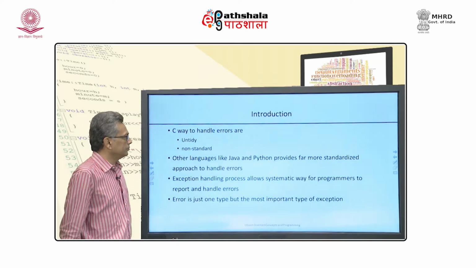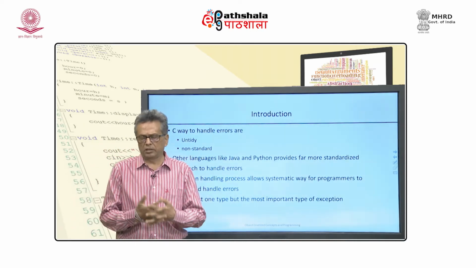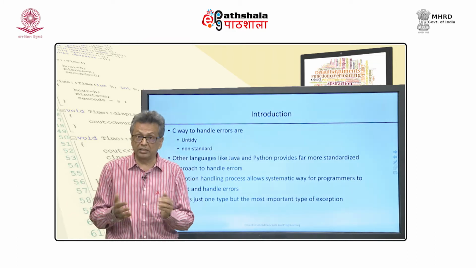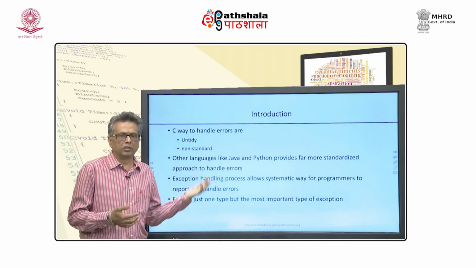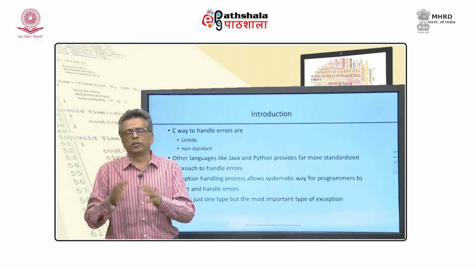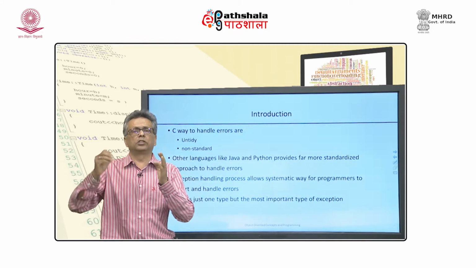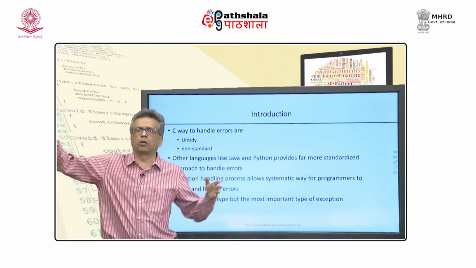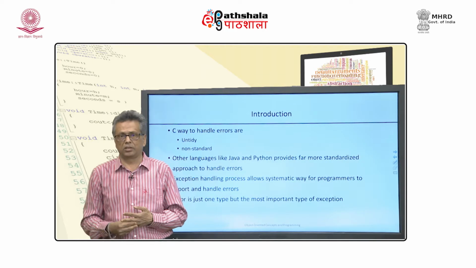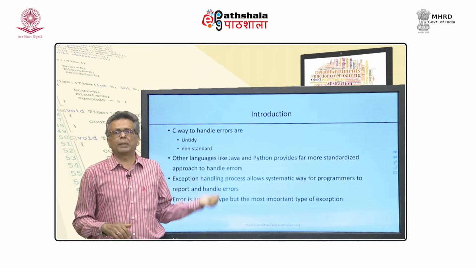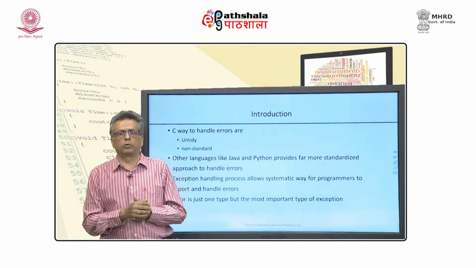Other languages like Java and Python, if you have studied, have a very structured mechanism of exception handling which manages errors. I am not going to discuss how those languages do it, but we will be throwing some light on how C++ does it. But there is an important difference, which is common across multiple attributes in C++: even exception handling is not forced on programmers.